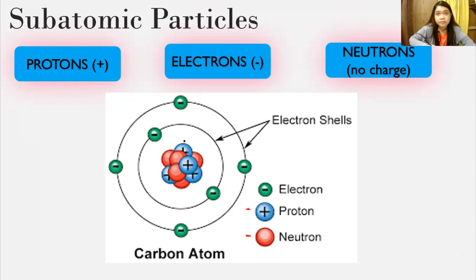Protons and neutrons have essentially the same mass. In the next slides I will show it. And the electrons are so small that we could just ignore their mass.